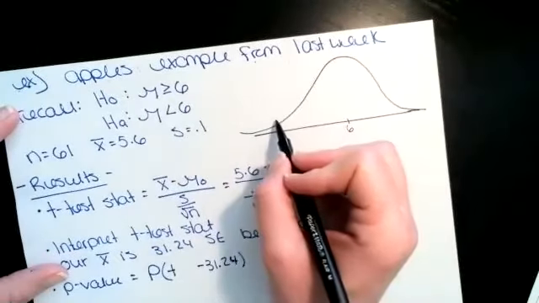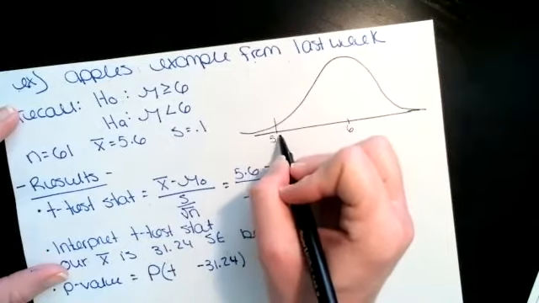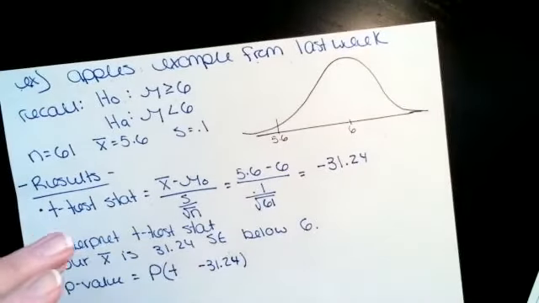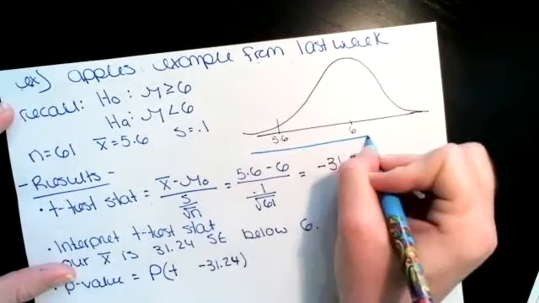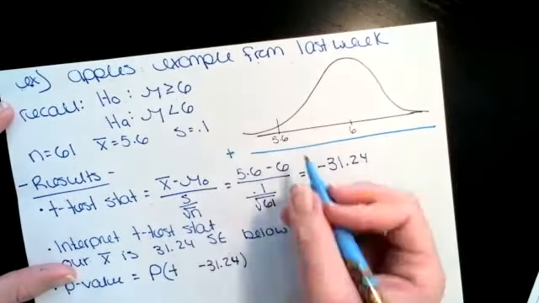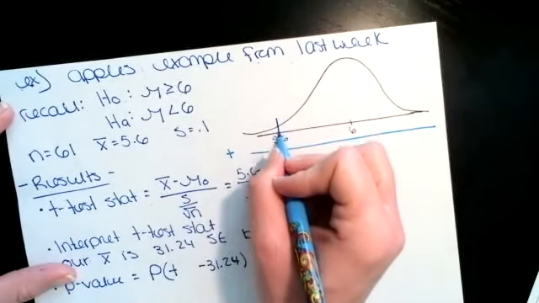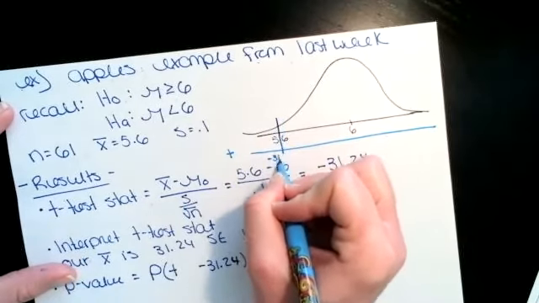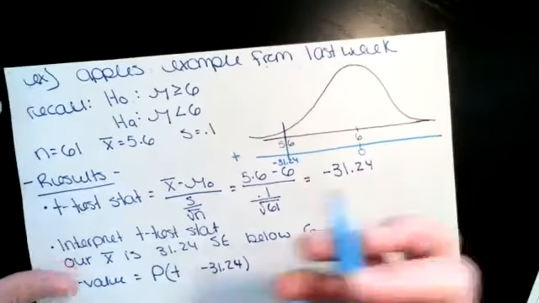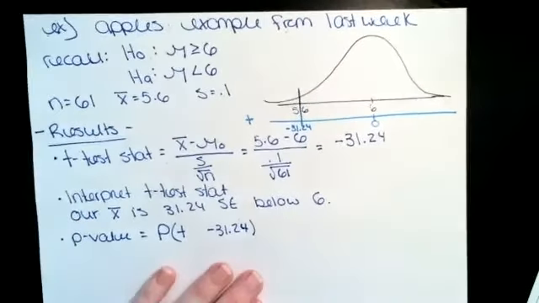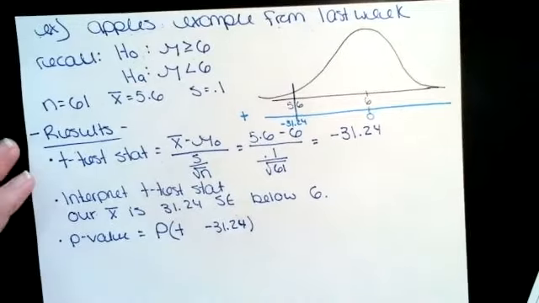And my x bar was 5.6. So what that means on my t curve, I apologize for that, is that this value right here is negative 31.24. And my center is 0. Okay, so that's my visual.